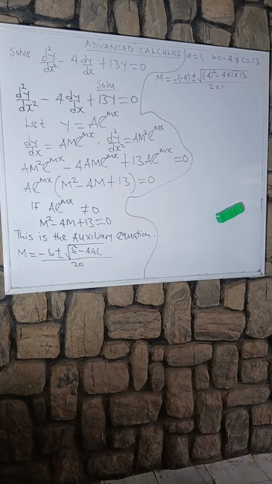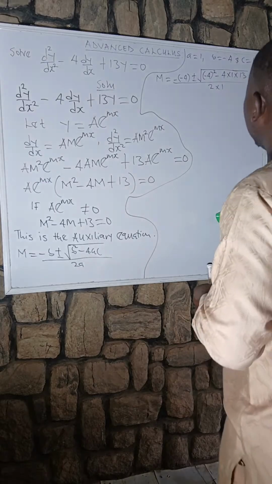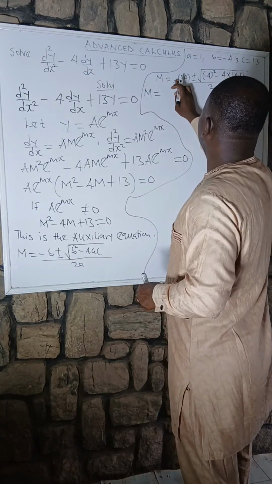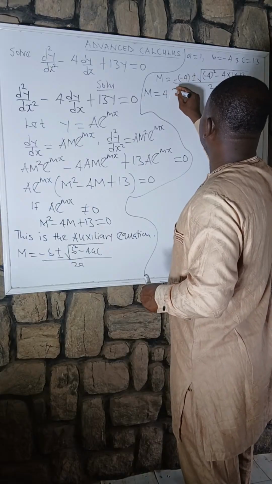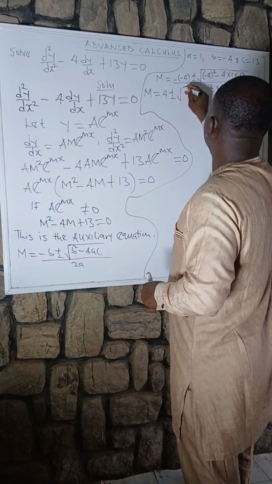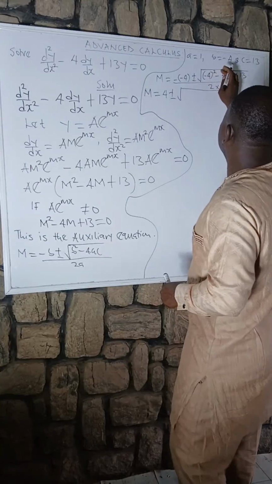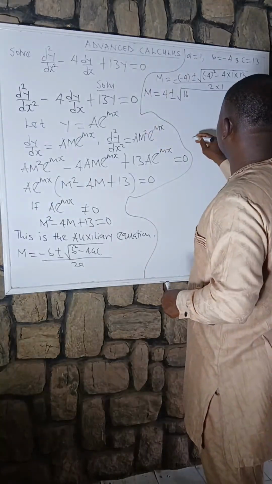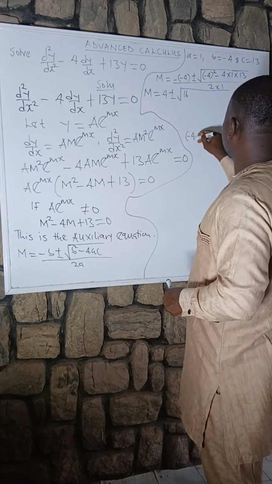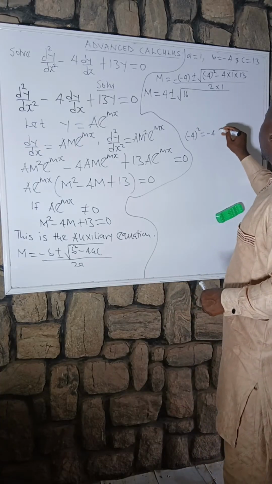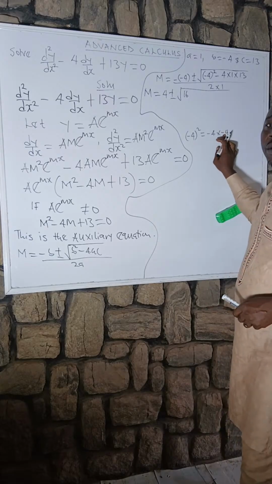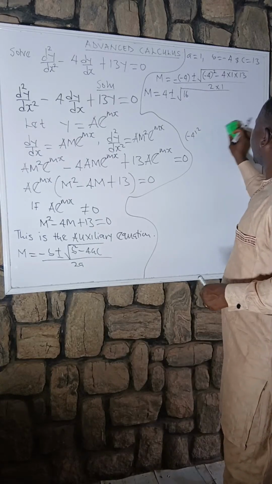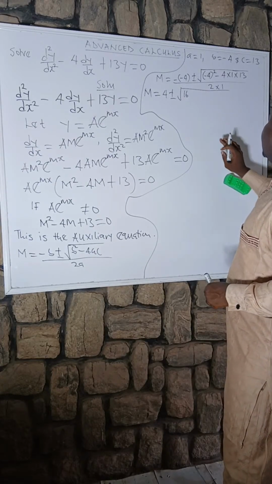So our m will now be equal to minus times minus, plus 4, plus or minus the square root of this, which is going to give us plus 16, because minus 4 all squared is the same as minus 4 times minus 4, minus times minus is plus, 4 times 4 is 16.